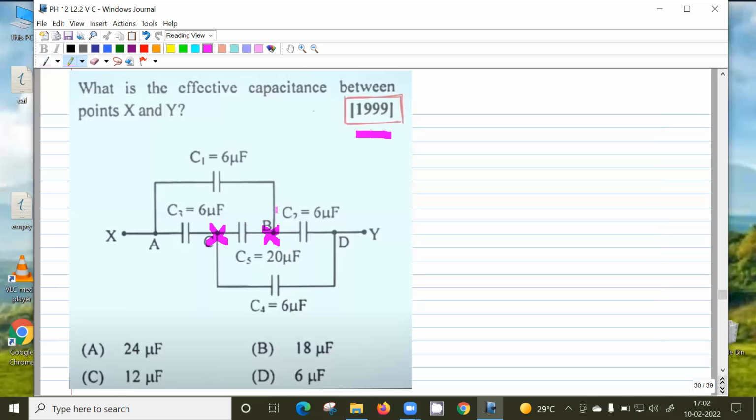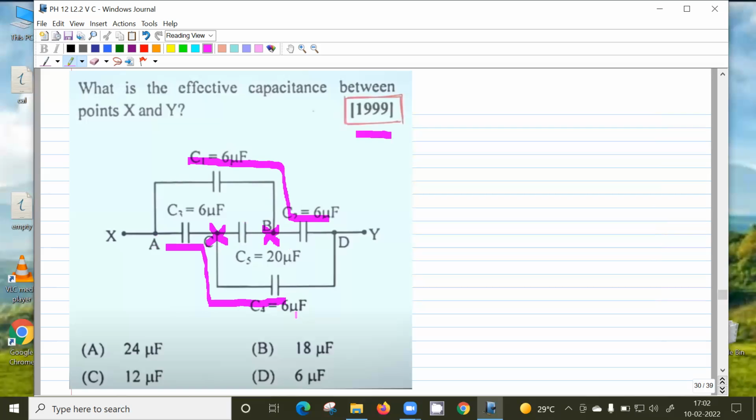Once you remove this element, these two will become in series, and similarly these two will come in series. So I can combine these two and these two, and then they become parallel.